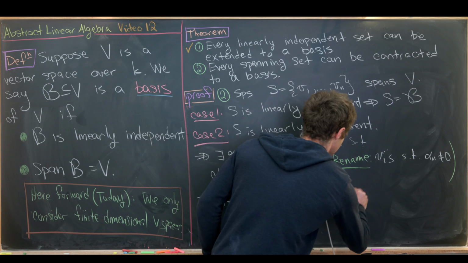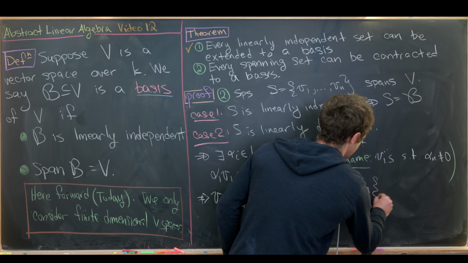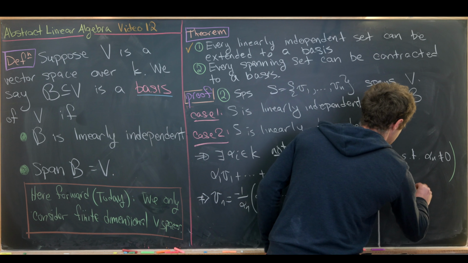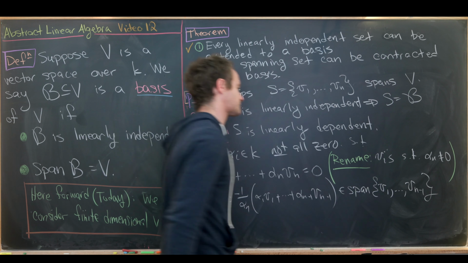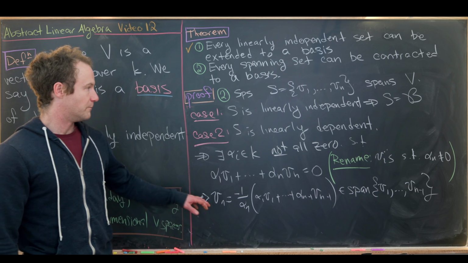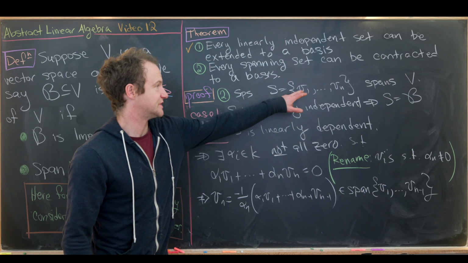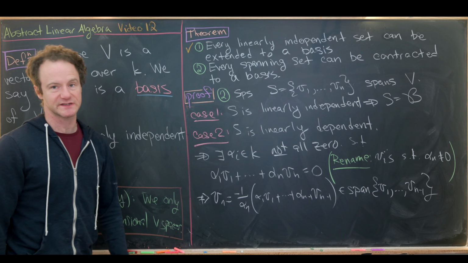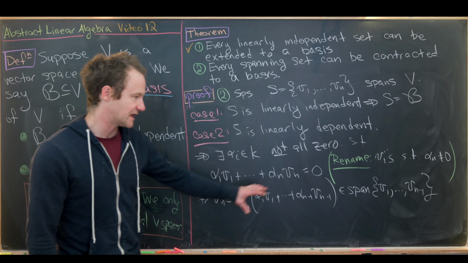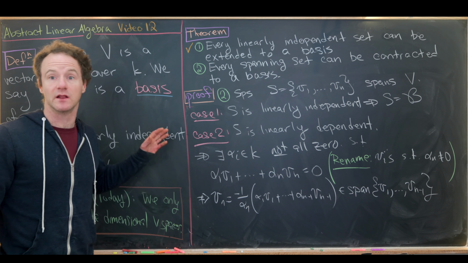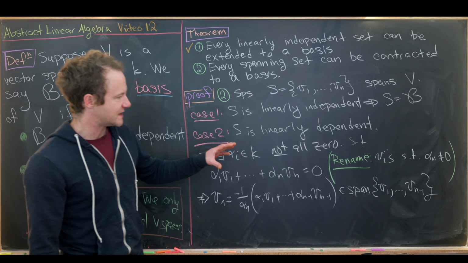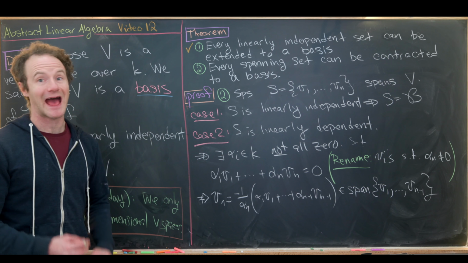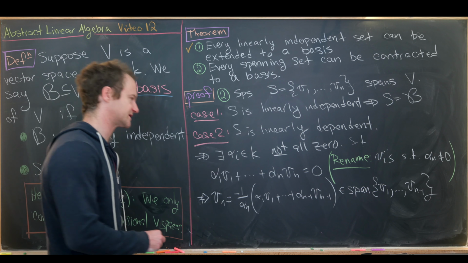That means it's in the span of the set V1 up to Vn minus 1. Great. But if S, which is V1 up to Vn, spans the whole set, and Vn can be written as a linear combination of the lower vectors, then that means V1 up to Vn minus 1 actually also spans the whole set.